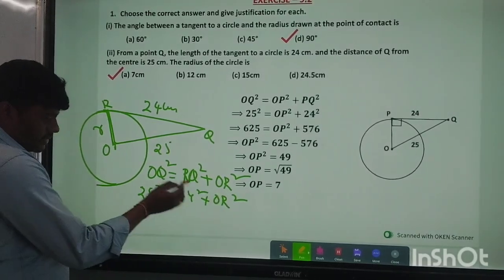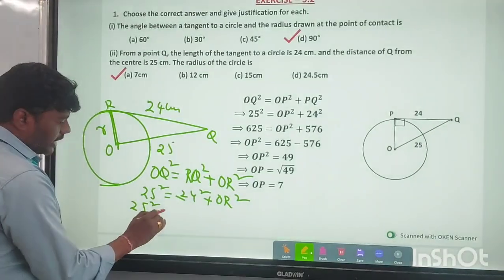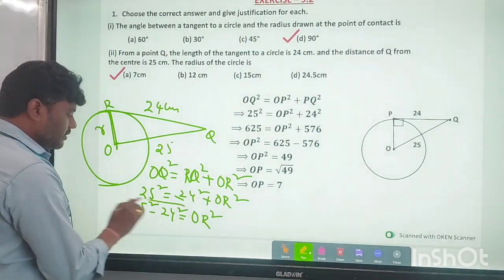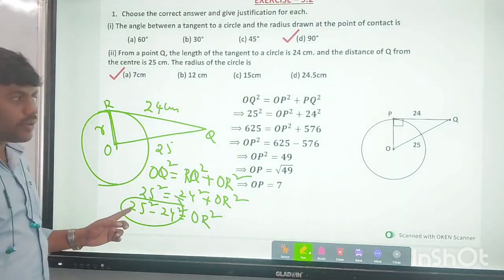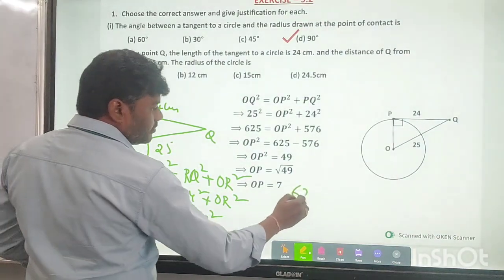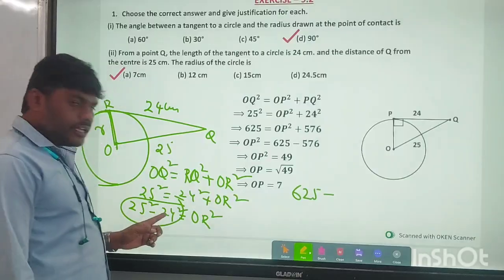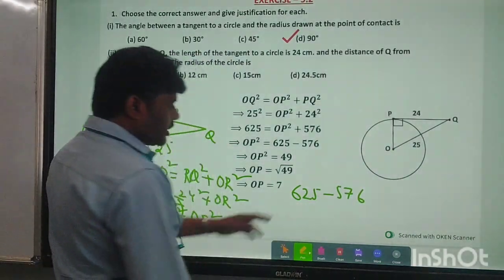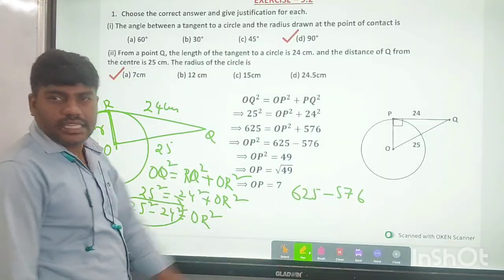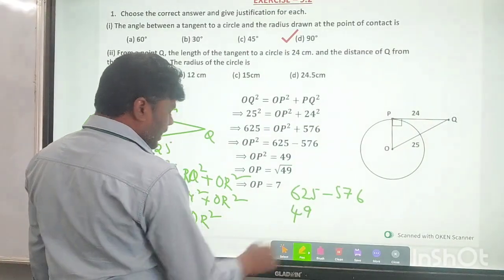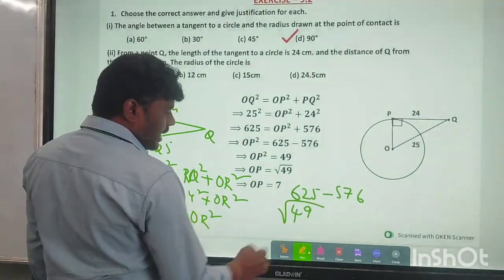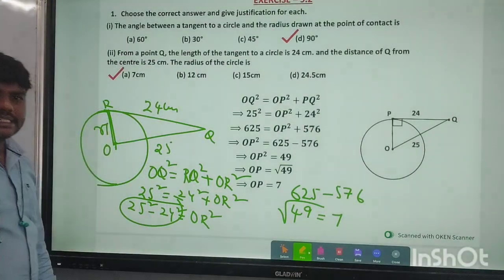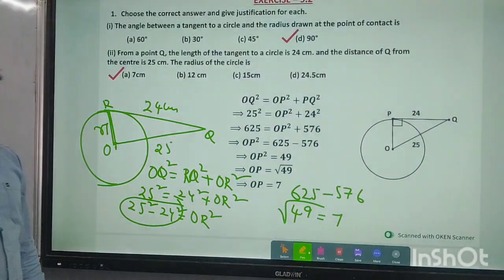So 25 square minus 24 square equals OR square. 25 square equals 625, minus 24 square equals 576. 625 minus 576 equals 49. OR equals root 49, which equals 7. Radius equals 7 centimeters. Any doubt?